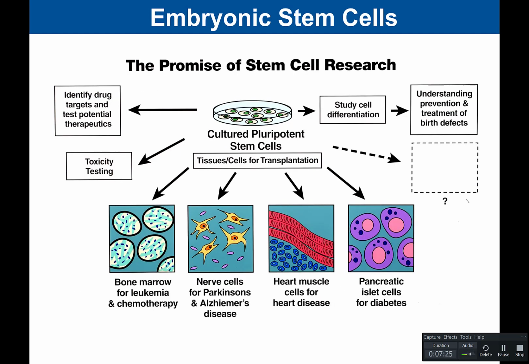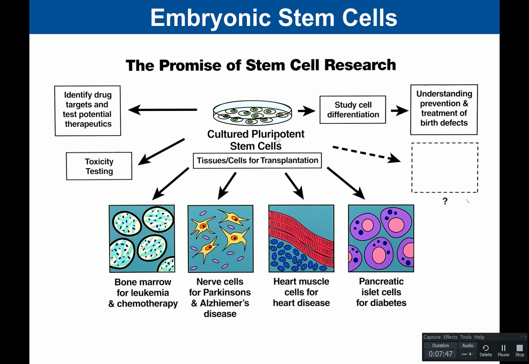So why are stem cells so promising? Why do scientists want to study stem cells? Well, because if we talk about cultured, what we call pluripotent means that they can give rise to many cell types. Remember that we talked about that plant cells are totipotent. They can give rise to any cell in the plant.